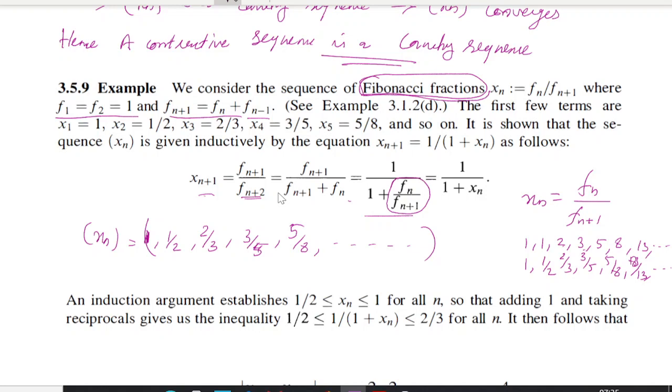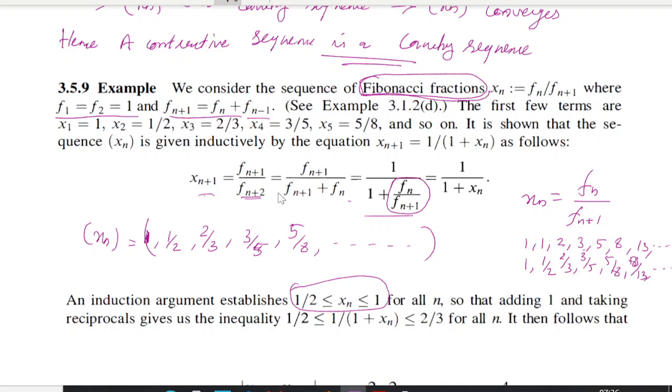Now, by using induction, we can see that all these values lie between 1 by 2 and 1. See here, your first value is 1, second value is 1 by 2, third value is 2 by 3, less than this, right? 3 by 5, again less. Next value 5 by 8, next value 8 by 13.